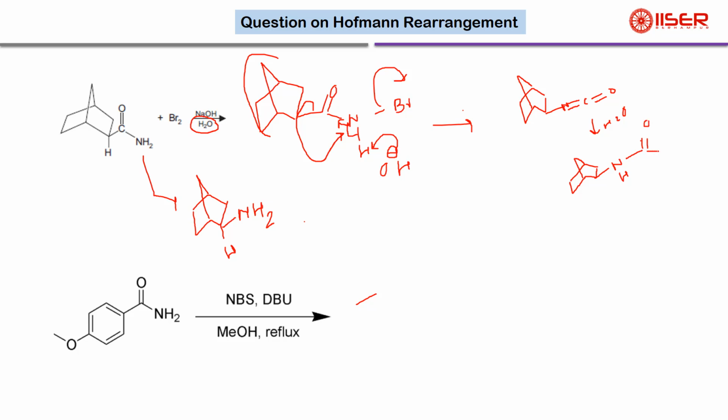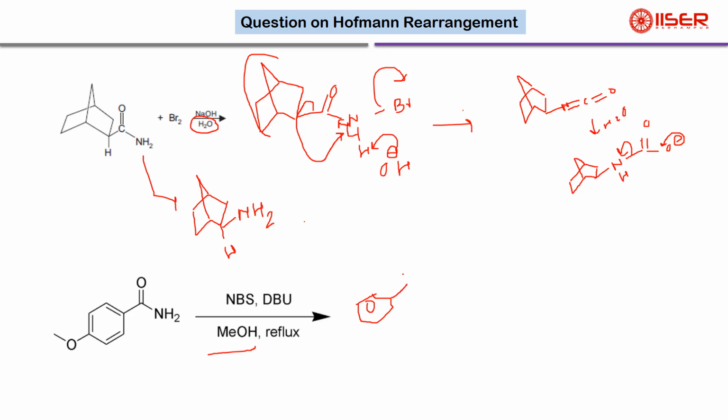So it will form this carbamic acid. This moves here. Okay. Now in this case you have to see there is methanol given, not water. So what will happen after the isocyanate step?